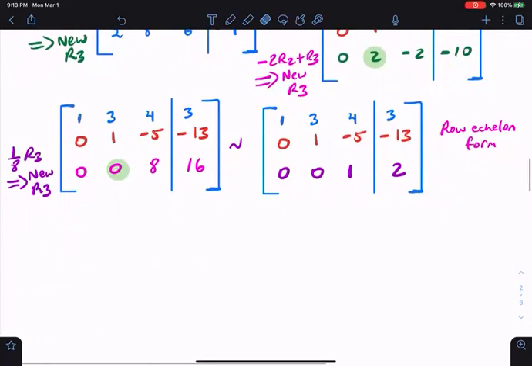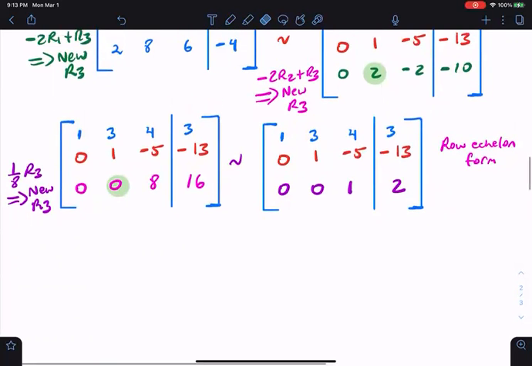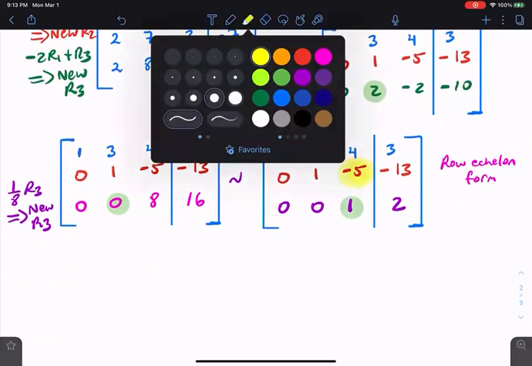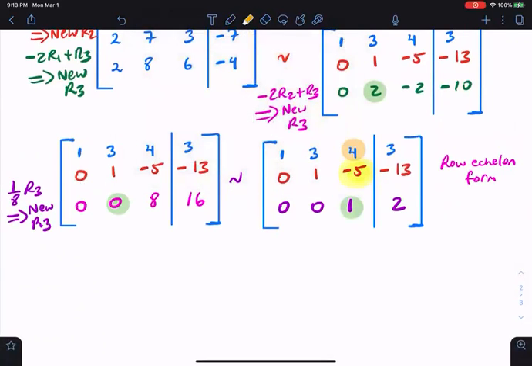Now, in order for me to get rid of them, what I usually do is, since I have a 1 here, I can multiply the row 3 by 5, and I can get rid of this guy right here, right? And then if I multiply by -4, I can get rid of this guy right here. So that's my next steps. Usually that's what I do. So my first step right now is that I'm gonna try to get rid of that -5 in row 2. That's my next step.